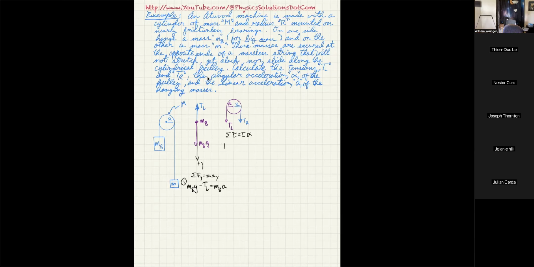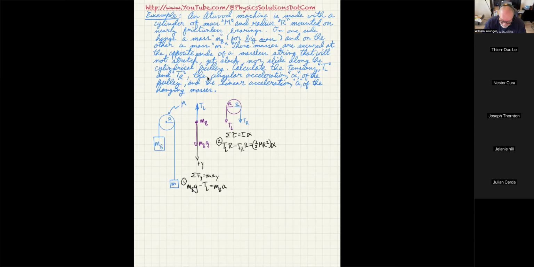So this is going to be T_L times R minus T_R times R is equal to the moment of inertia, which for a cylinder is 1/2 mR squared, and then all of that times alpha, which is something that we're ultimately going to be able to solve for, and this will be equation two.